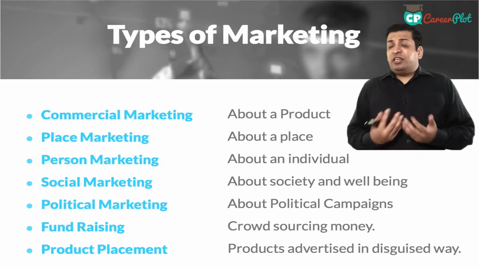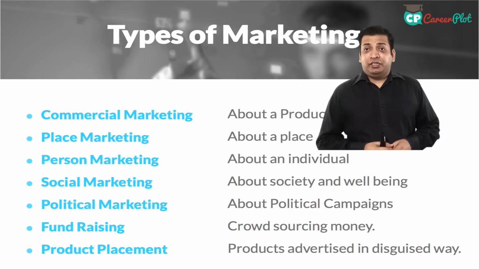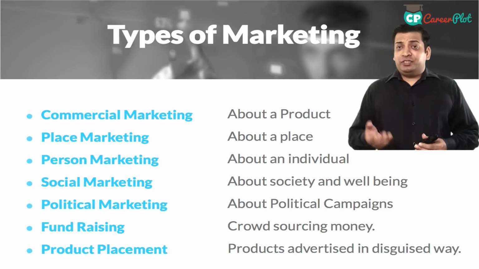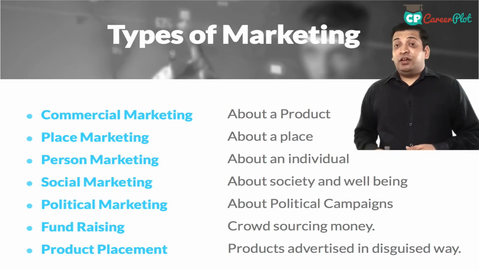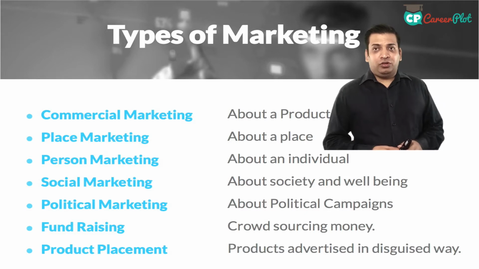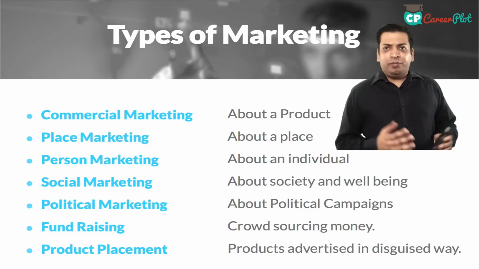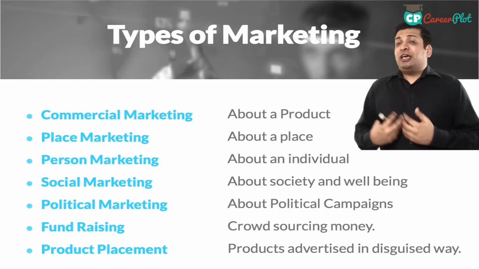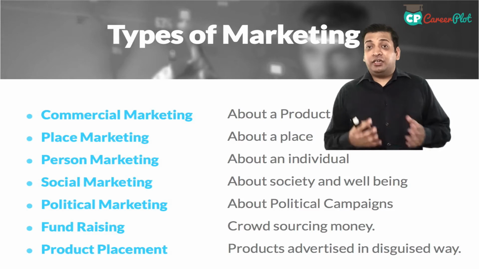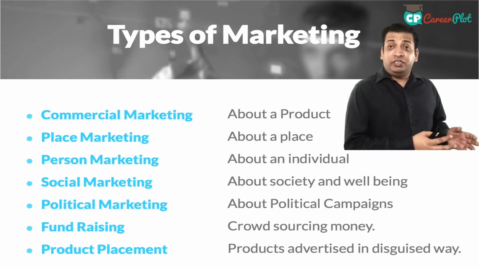Then the next part is called place marketing. Place marketing is very simple: we try to market a place, a location, for example for tourism. Incredible India is one campaign which you would have heard of. Malaysia Truly Asia, right? These campaigns have been trying to market the countries. India is a tourism destination.